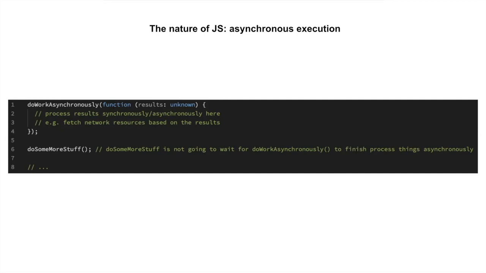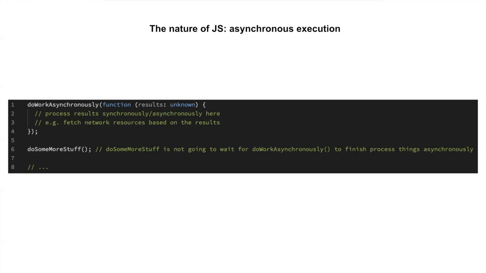However, now our first function works asynchronously, so it does not behave in the manner that our synchronous do work synchronously function behaves. Whenever your JavaScript engine sees the first line, it somehow knows that this code is going to execute in an asynchronous manner. And then it quickly goes through all the lines up to line 6, and then it executes your synchronous stuff.